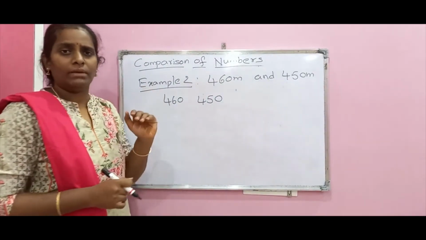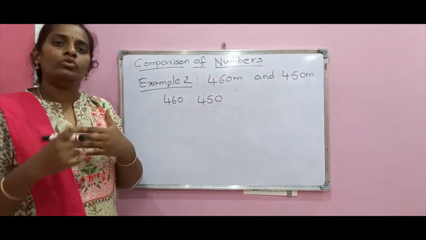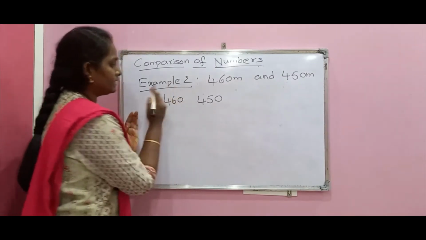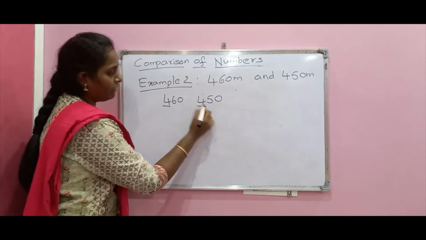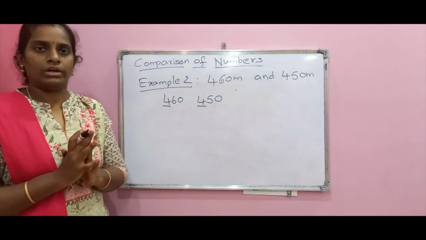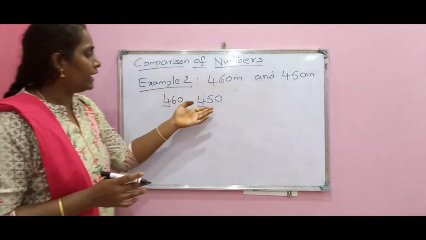So that method does not work here. So we'll go to the next method. That is, first we'll compare the first digits. Here the first digit is 4. Here the first digit is 4. These two are same, so it is also not working. Let's go to the next digit, 6. Here 5.